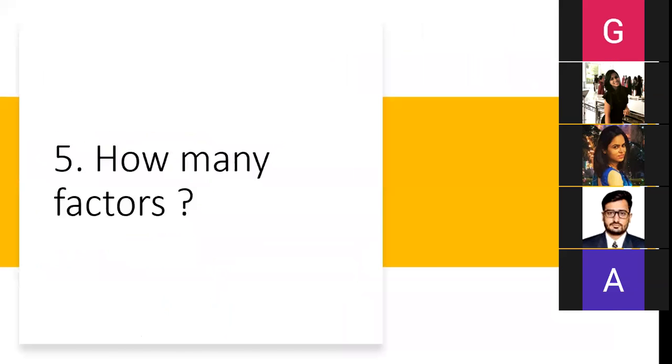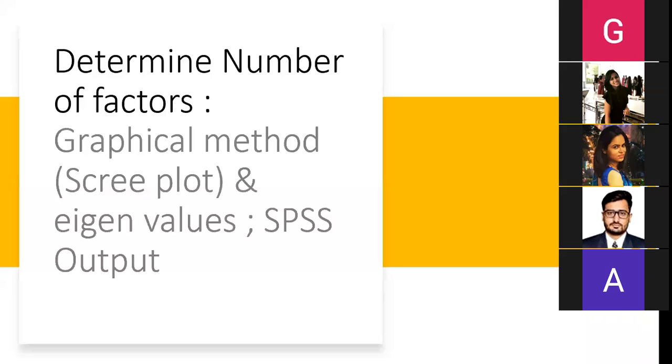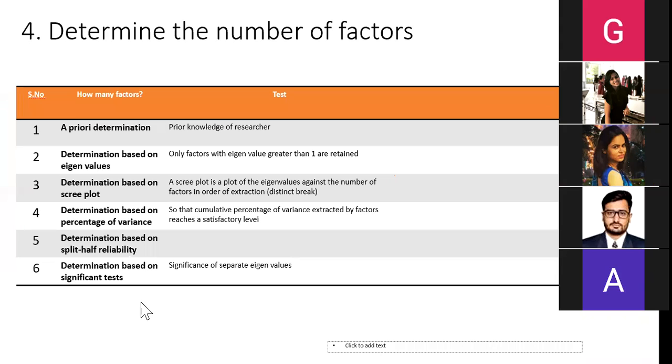Next is how many factors. The most important thing is, okay, we have to group these variables into factors, but how do we decide how many factors we take? There are a number of ways of doing that, but the graphical method, that is the scree plot, and eigenvalues, are very, very important methods. So let's see what the various methods are. First is a priori determination.